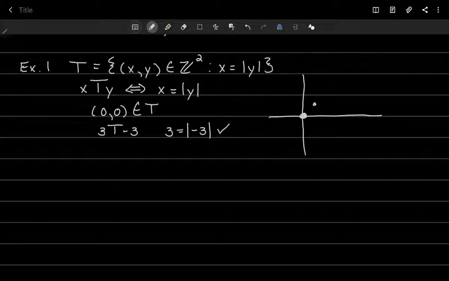Then (2, 2) and (2, -2). (3, 3) and (3, -3), and so on. Okay, so notice this is not a function, right? It fails the vertical line test if you want to think of it that way. Relations don't have to be functions. They can, but they don't have to be. But all these dots are elements of our set T, okay? And this would go off to infinity.